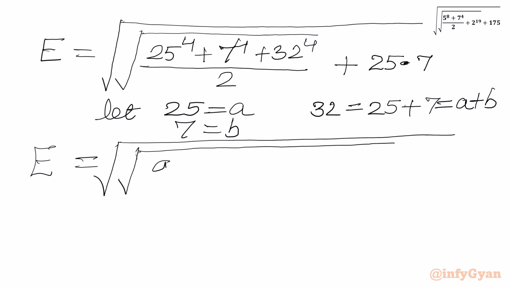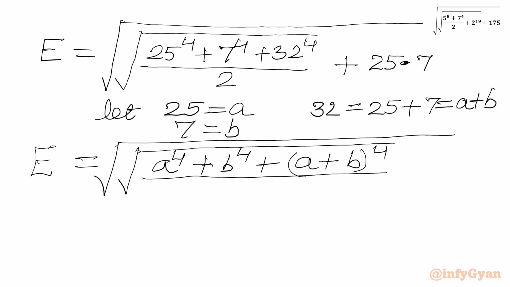So I can write A power 4 plus 7 power 4. So I can write B power 4 plus 32 power 4. I can write A plus B whole power 4 over 2. Then plus 25 times 7, I will write A times B.